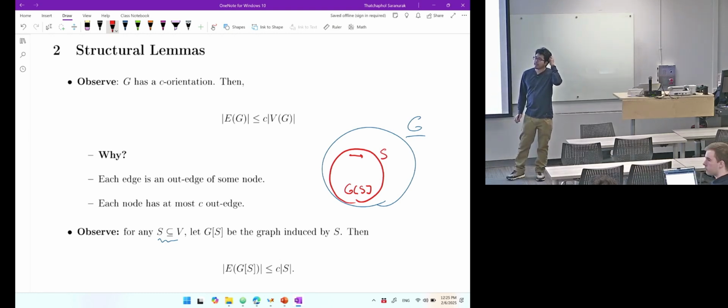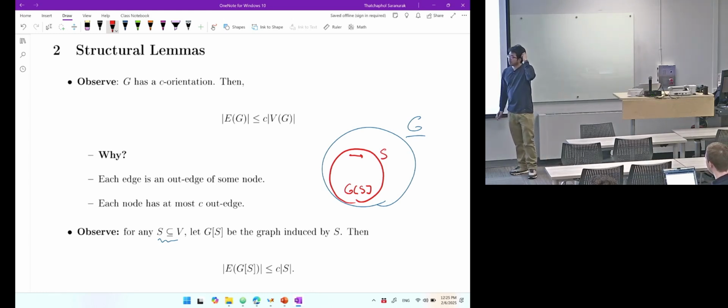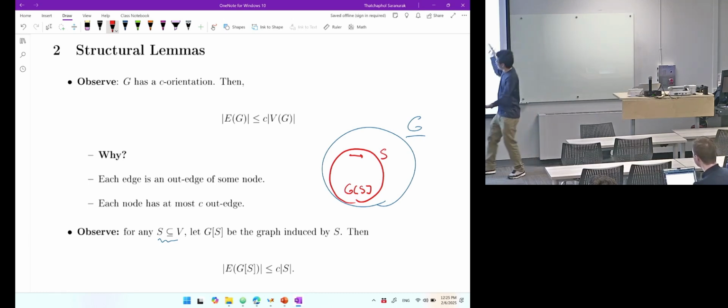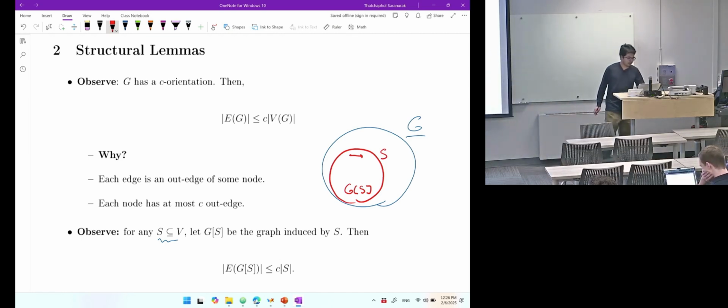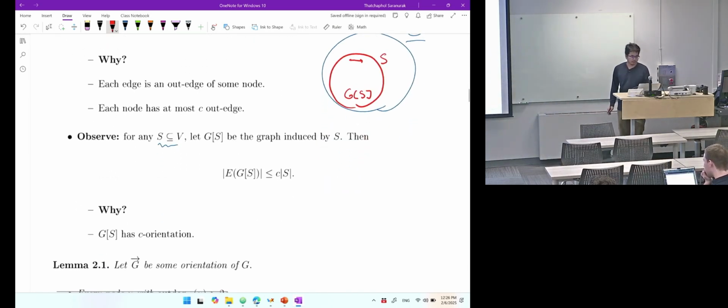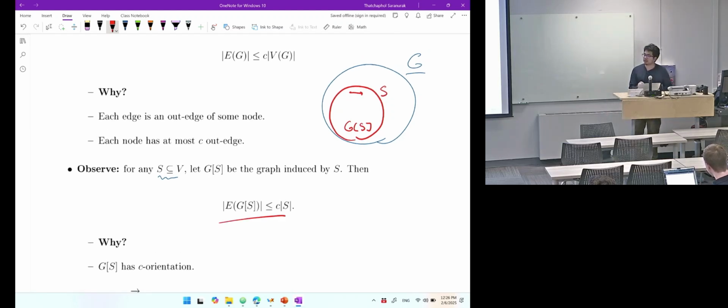It has at least the same orientation. Right. If G has C orientation, then the smaller graph, G induced by S, also has C orientation. So the number of edges here is at most C times the number of nodes, which is just S here. Make sense? Okay, that's also simple. Any question about this before I go on?